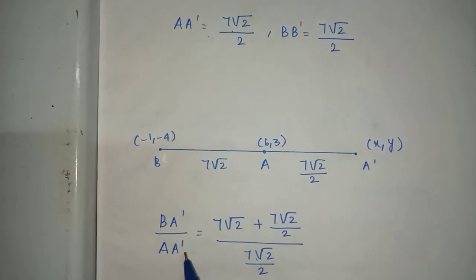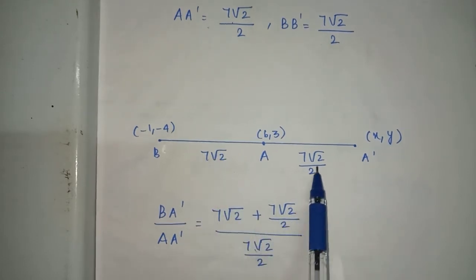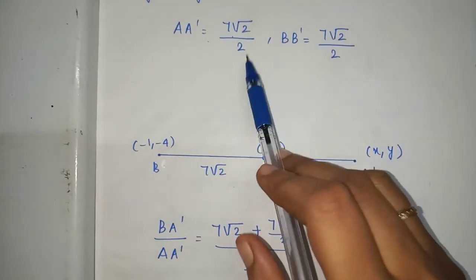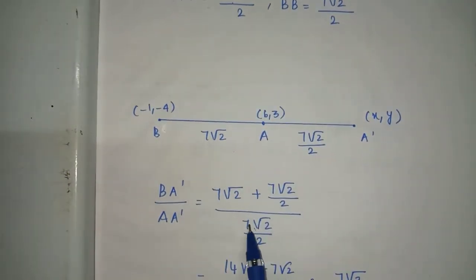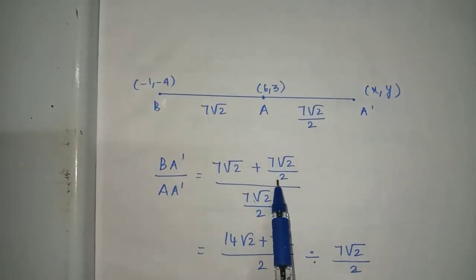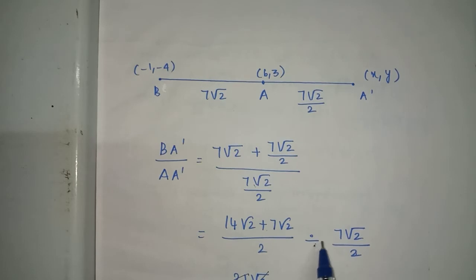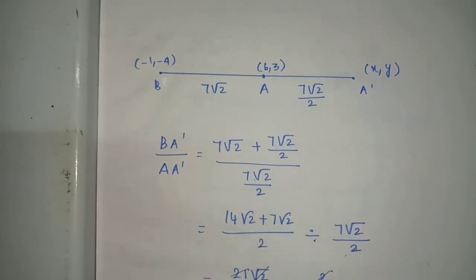So BA' divided by AA'. BA' is BA plus AA'. So 7 root 2 plus 7 root 2 by 2, divided by the AA' value, which is given as 7 root 2 divided by 2. Cross multiplication, 7 2s are 14 root 2 plus 7 root 2, divided by 2, the whole thing divided by 7 root 2 by 2.